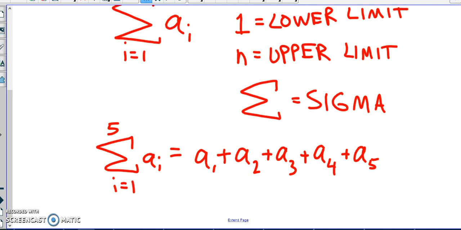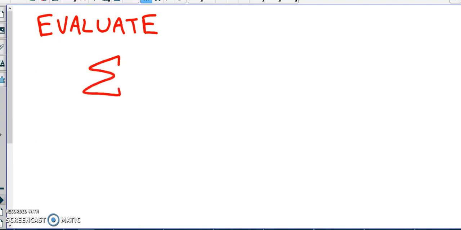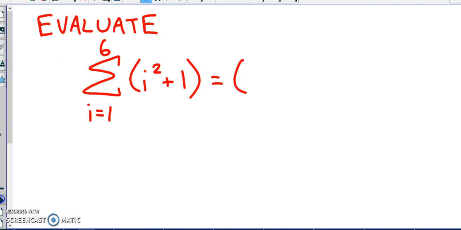So let's do some practice with that. Let's evaluate something: the sum from i equals 1 to 6 of i squared plus 1. Well, notice that this would start off with i being 1, so this would be 1 squared plus 1.